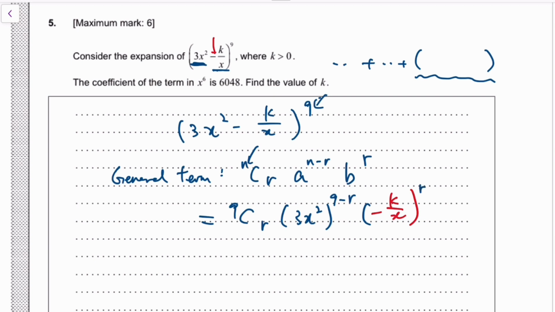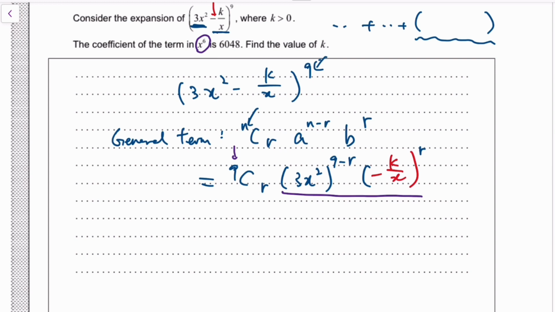Now your job is to find out such that this whole term gives you x to the power of 6. Usually I do trial and error. So r could range from 0 to 9 because the power is 9, depending on the power. So just plug in one by one until the power comes out to be 6.